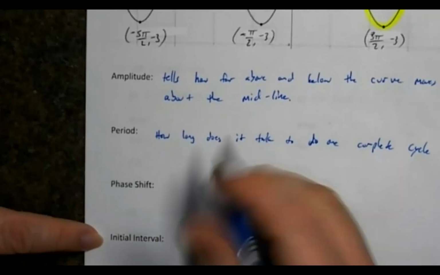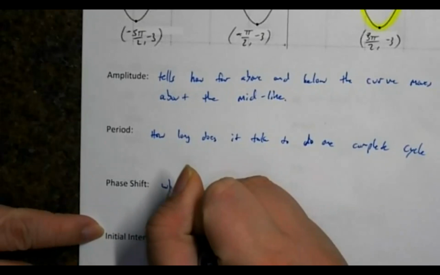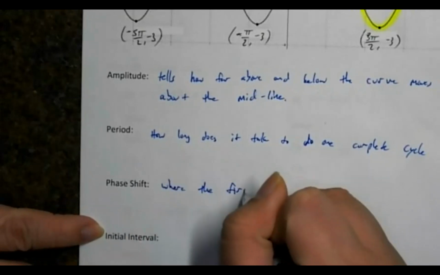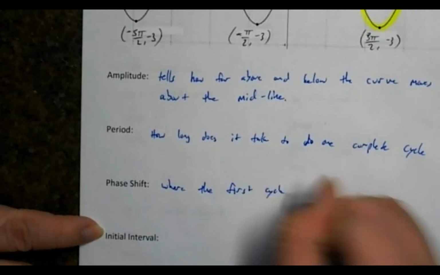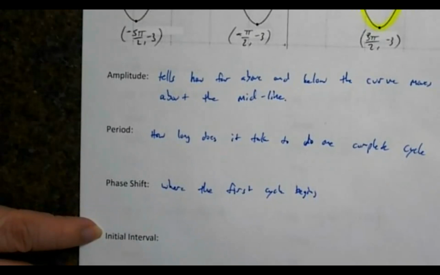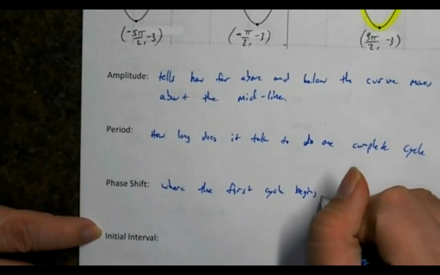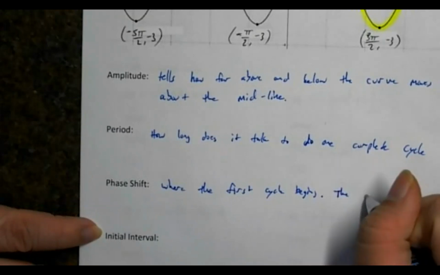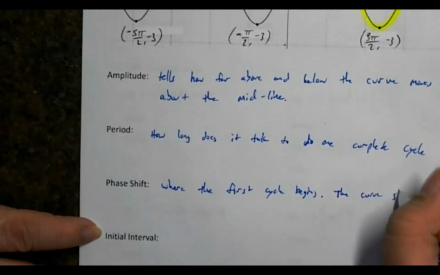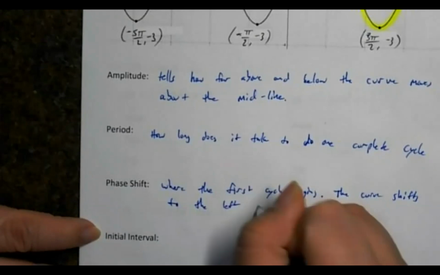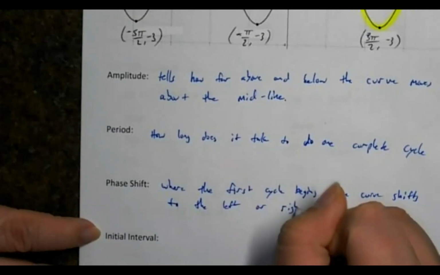Phase shift is where the first cycle begins. So it means the curve shifts to the left or right.